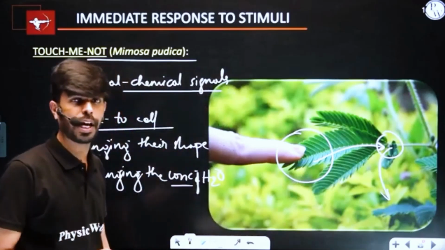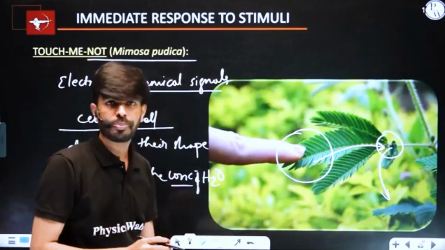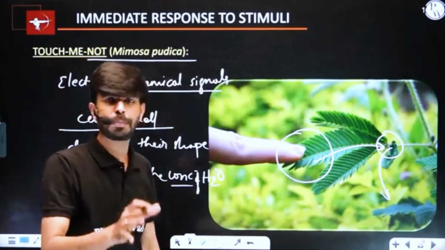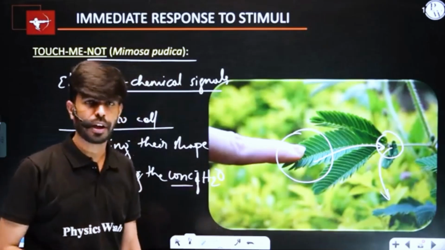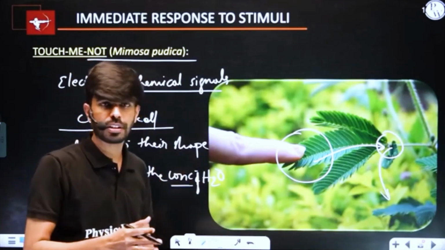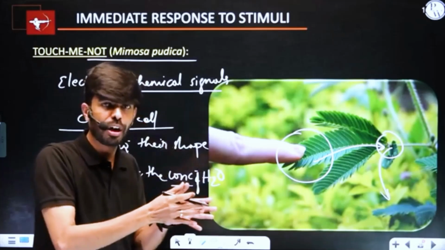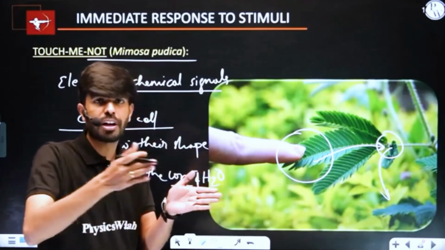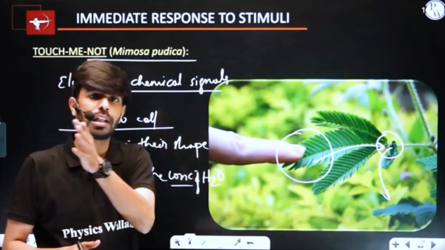I will explain it once again. The immediate response to stimuli in sensitive plants, especially in Venus flytrap and also Mimosa pudica: the stimulus moves from the touched part to a different part in the form of electrochemical signals.